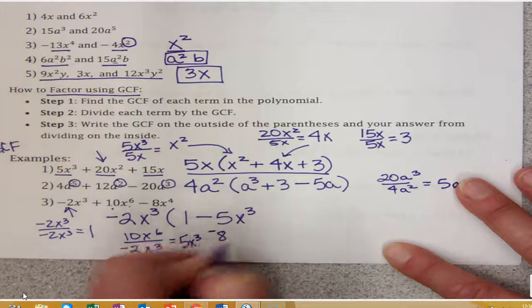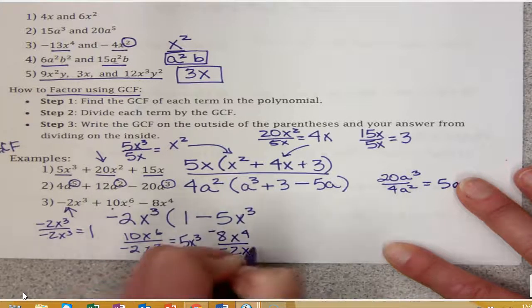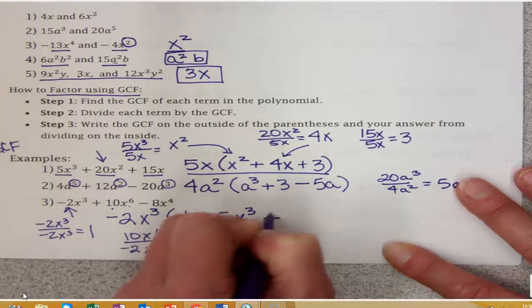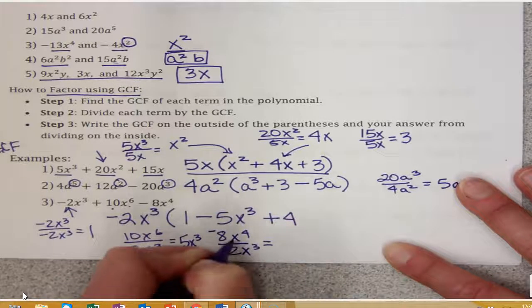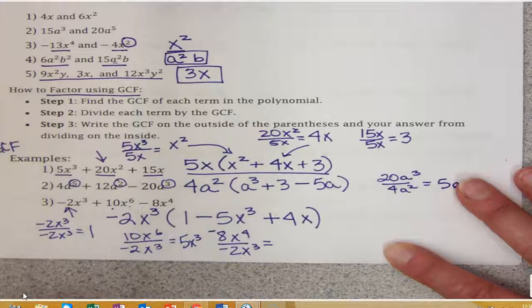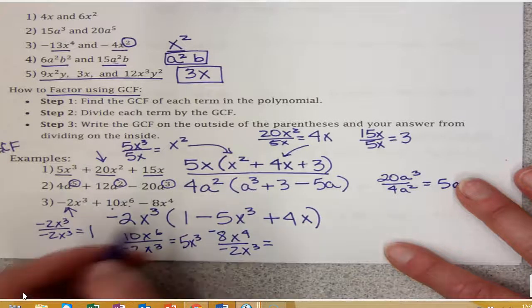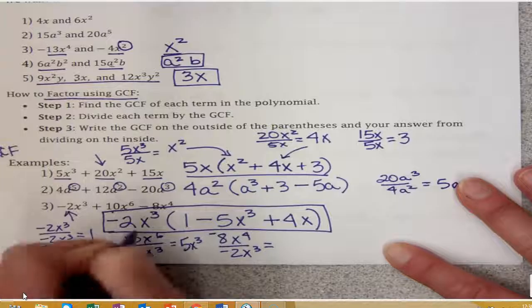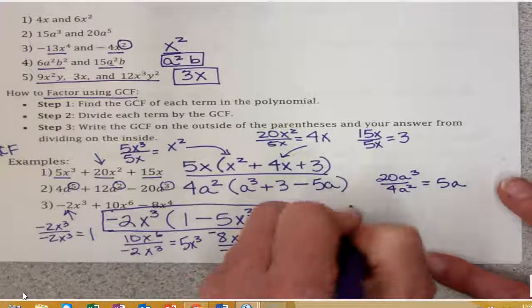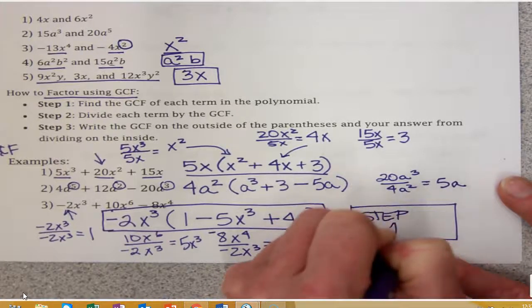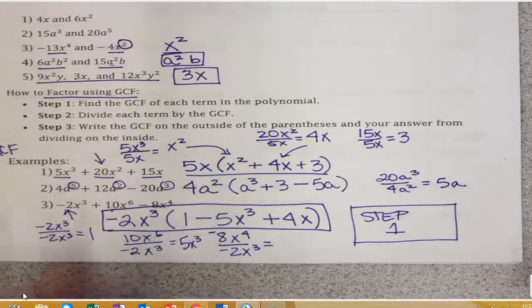Negative 8x to the 4th power divided by negative 2x to the 3rd power equals negative 8 divided by negative 2 is positive 4. X to the 4th divided by x to the 3rd is just x. So that's what I'm left with there. Basically all I've done is taken out my greatest common factor. In our factoring situations, this would be step 1 as we step further.